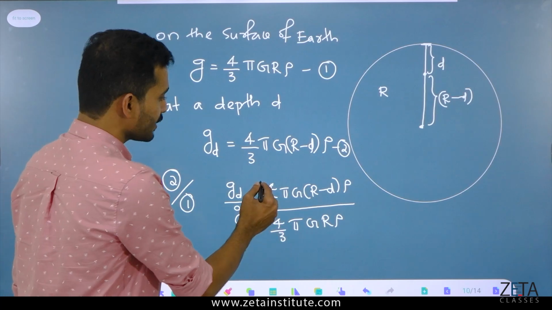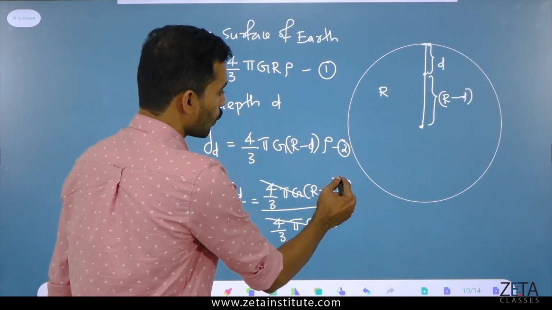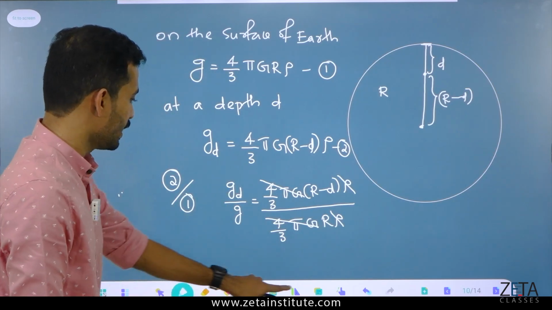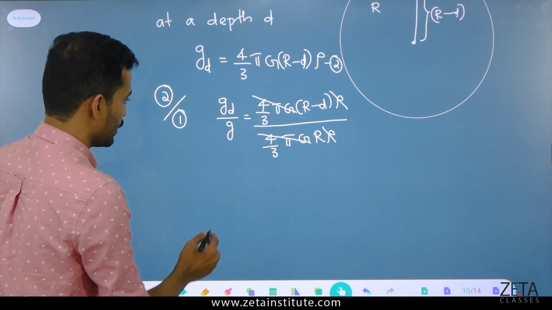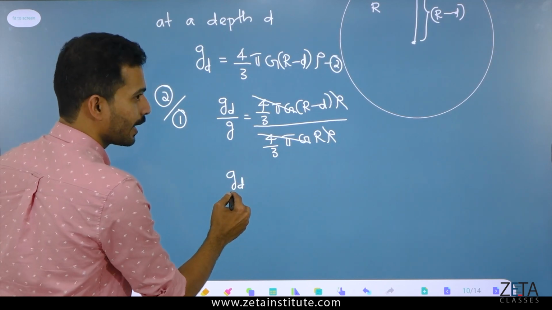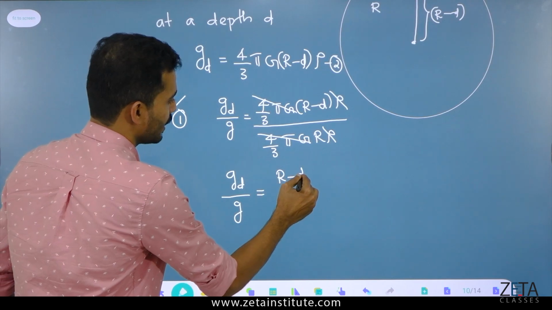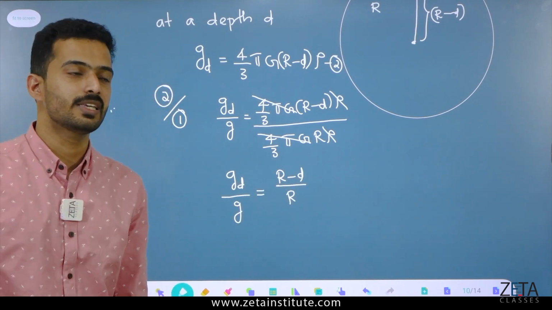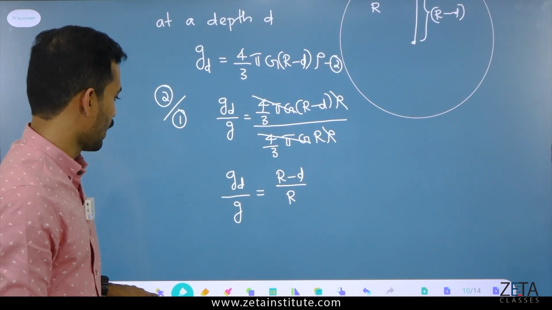So 4 by 3 pi G and 4 by 3 pi G can be cancelled, rho and rho can be cancelled. The value of gd by g is equal to R minus d divided by R.